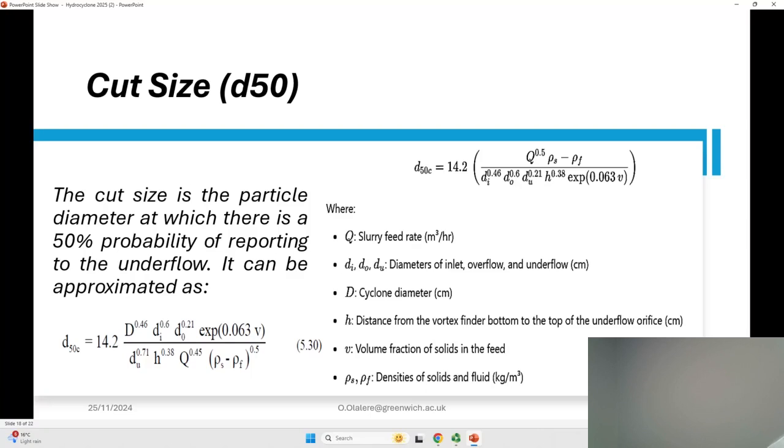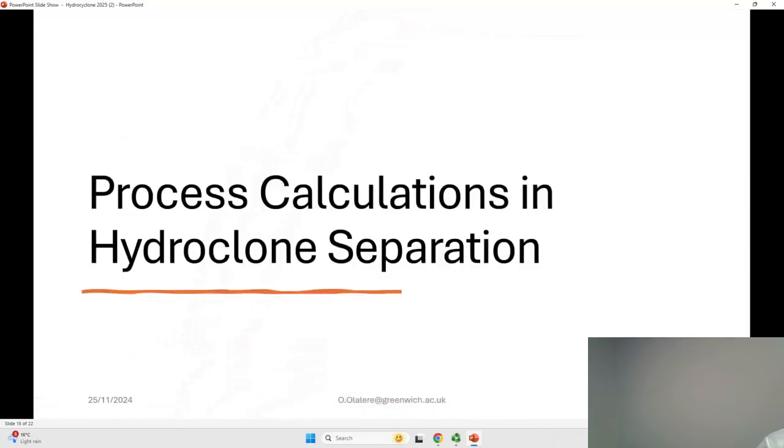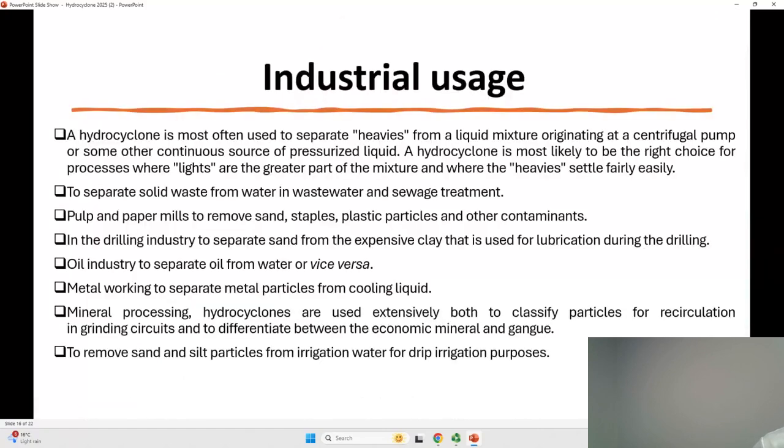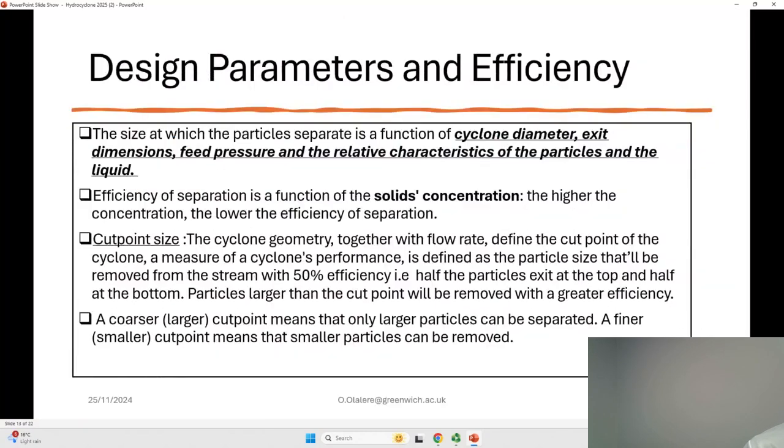So let's use that as a template based on what we have here. Larger cut point means that only larger particle sizes can be separated. It's more or less like the opposite. Do you understand what I'm saying now?